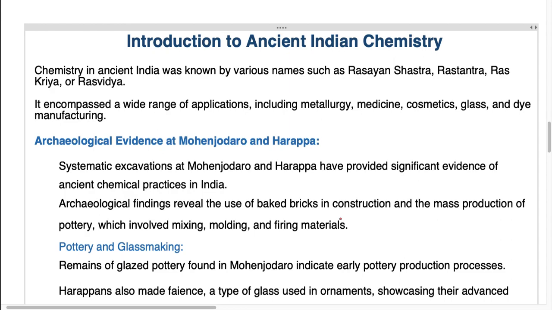In today's lecture, we will see about Introduction to Ancient Indian Chemistry. It is a part of Some Basic Concepts of Chemistry, which is a chapter of the 11th class NCERT book, Chemistry Part 1.